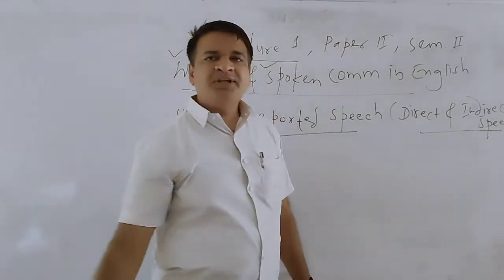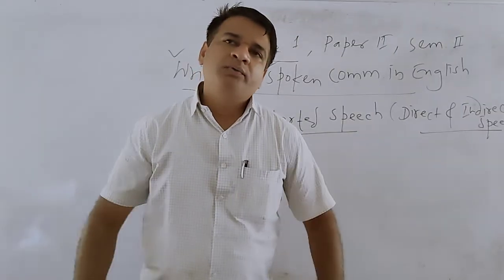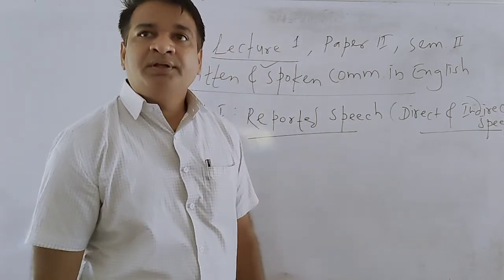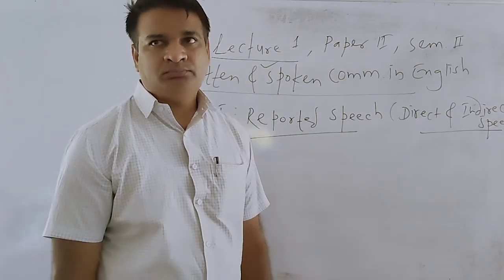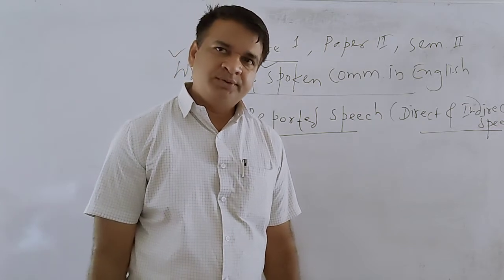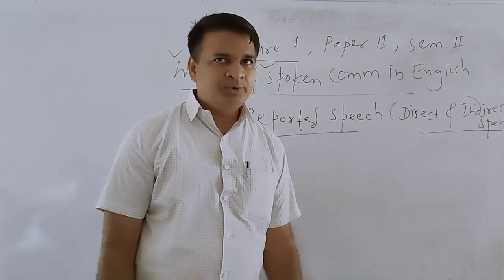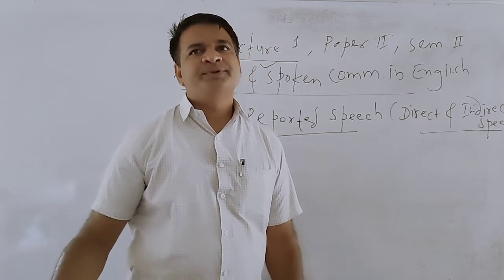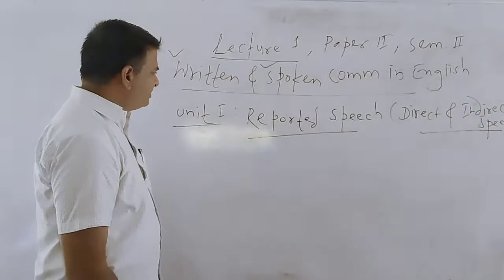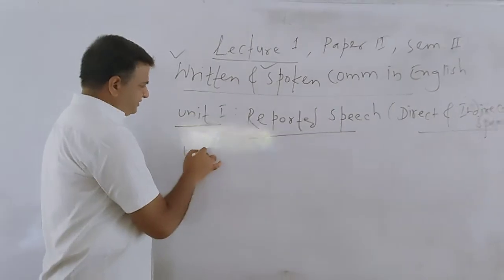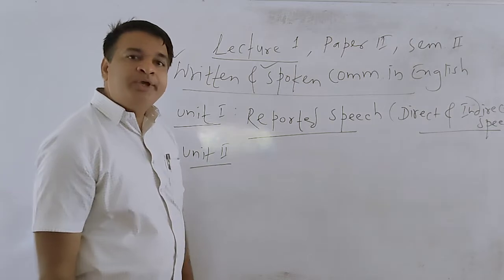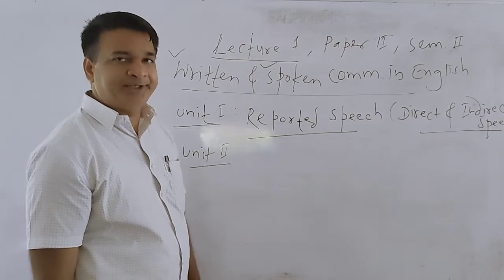Direct and indirect speech we learn from 5th standard, and nowadays CBSE board and ICSE board students learn reported speech from the very first standard. So this is one unit which is very easy and you are very familiar with it.